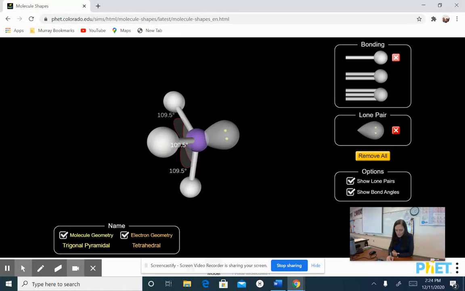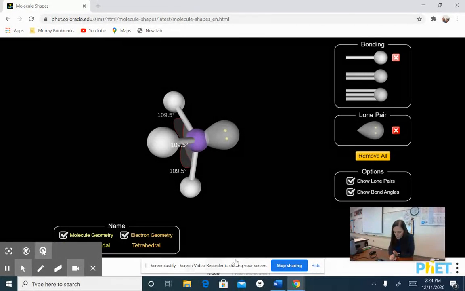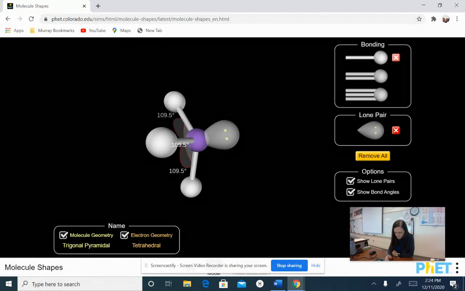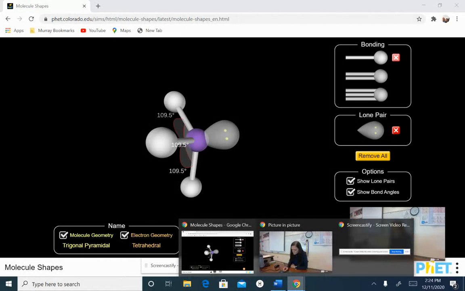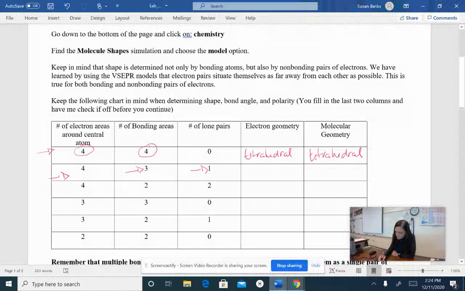If I look down here, my molecular geometry is trigonal pyramidal. My electron geometry is tetrahedral. Okay, so I want to put that on my chart. My electron geometry is still tetrahedral, but my molecular geometry is trigonal pyramidal.